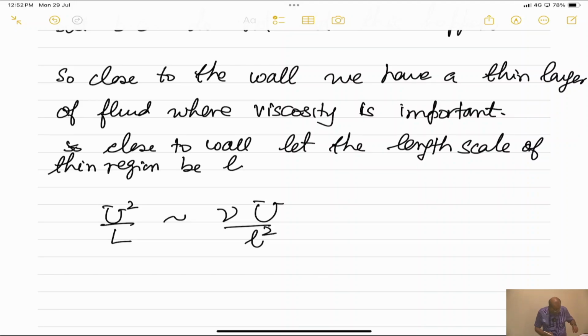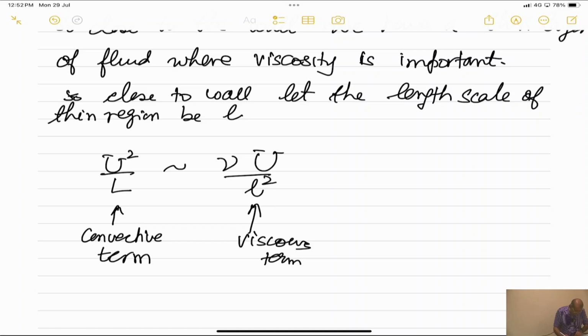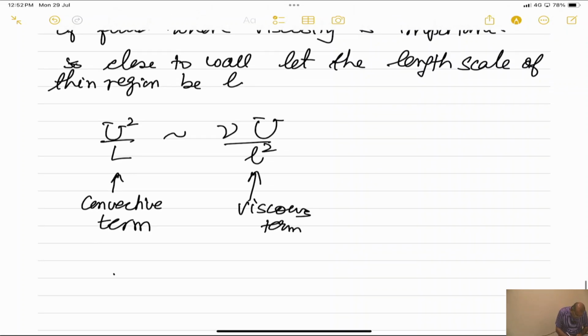So now we make this change, this is the convective term or the inertial term, and this is the viscous term, and on the basis of this what we can get is l upon L goes like nu upon UL to the power of half.